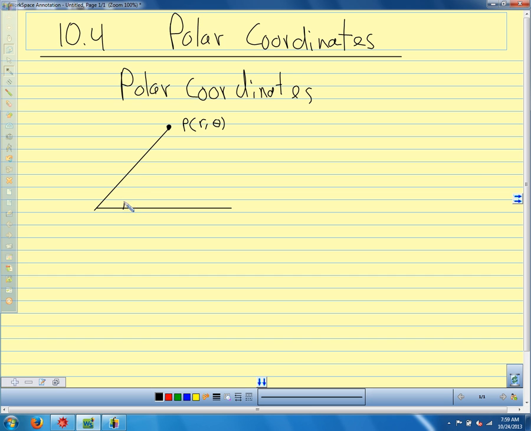And this is our angle. And we call this the polar axis. And this is going to be our origin. We call the origin the pole.